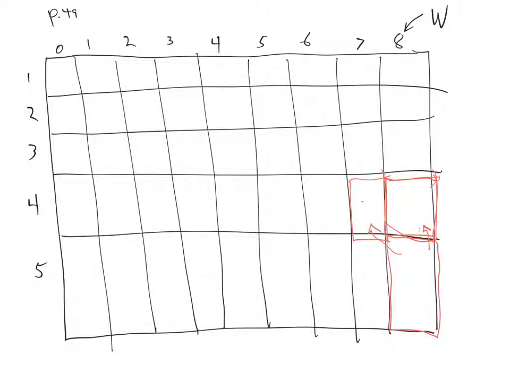Let me switch colors just because I can. The possible ways to decide for this cell is the one right above, but now it's item 4. So if we had a really great way to do items 1, 2, and 3, a subset of items 1, 2, and 3, and we added item 4 to it, item 4 weighs 2 pounds, so that would be this guy over here.